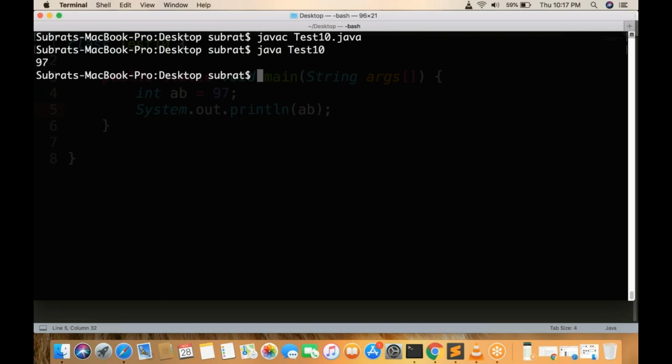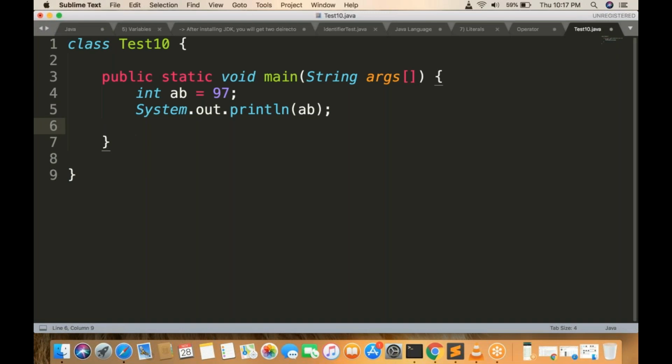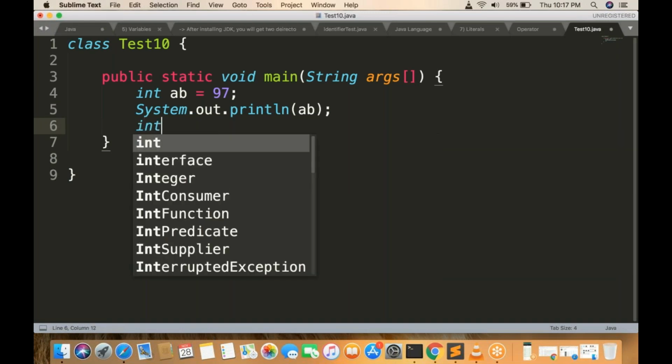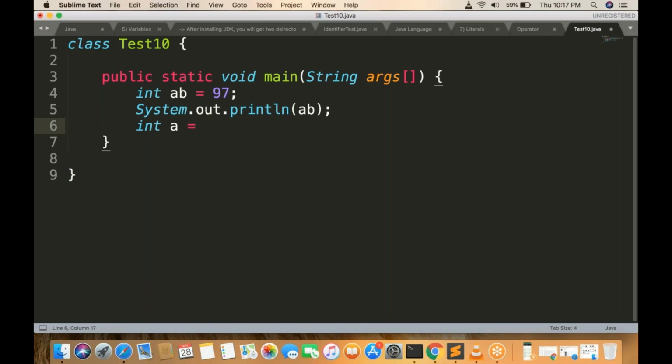Now run it. Test10. 97. Okay, no problem in this. So can we write like this: A is equal to plus AB? Which operator are we using here? Binary or unary?